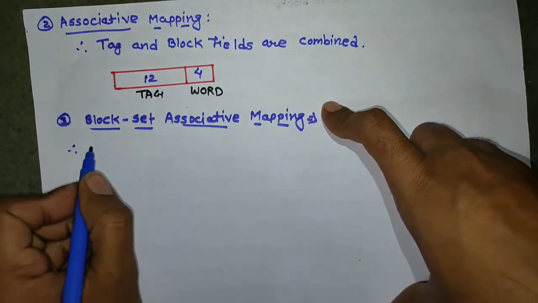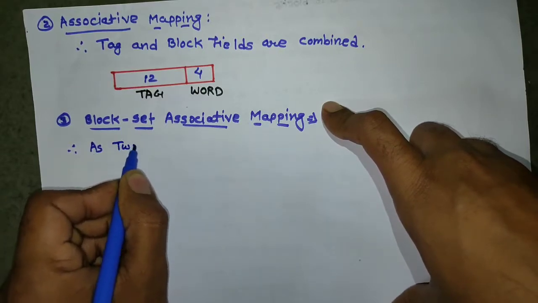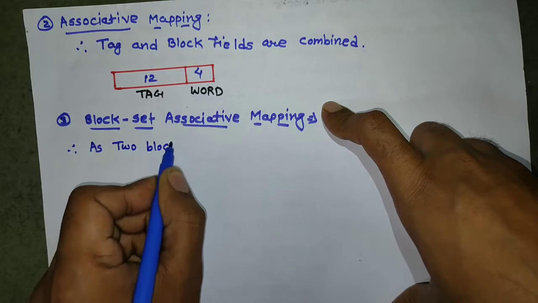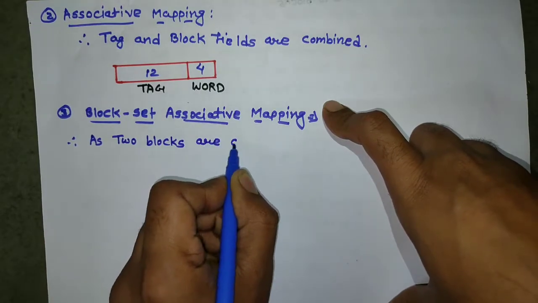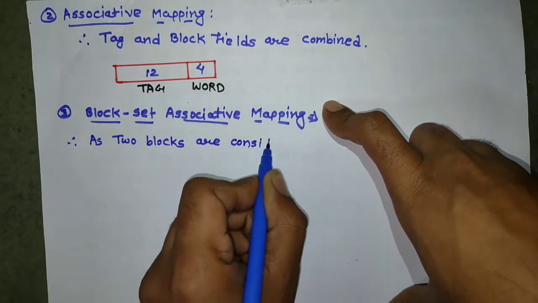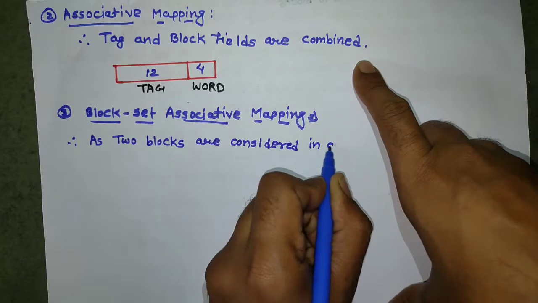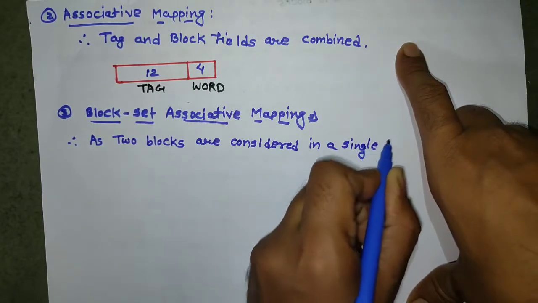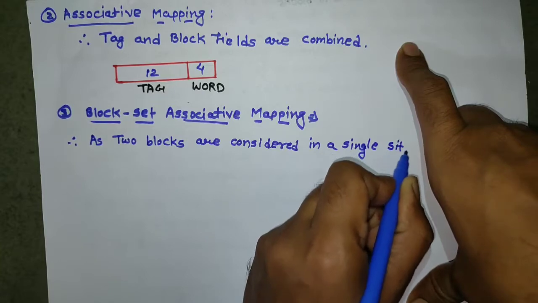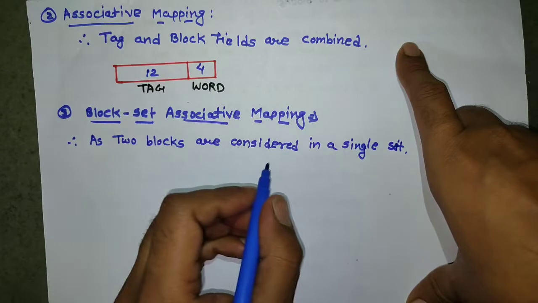So consider that 2 blocks are considered in a single set.